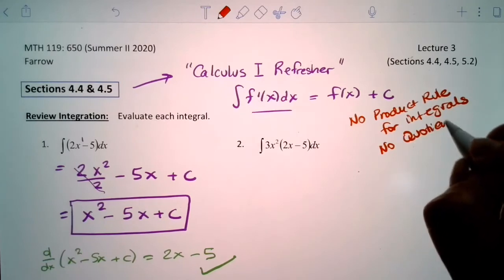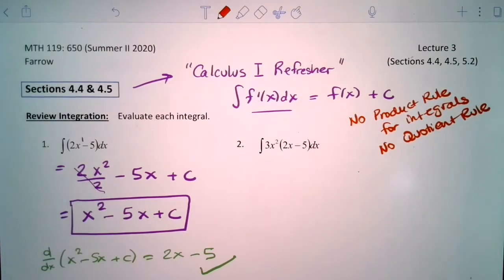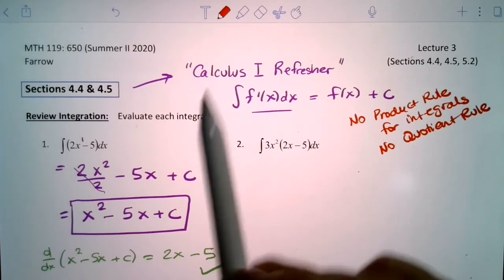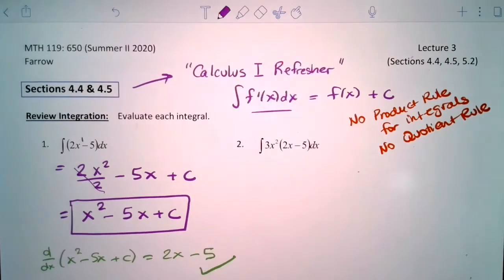Again, I need to scream this as much as possible because integrals don't have those two things. Now with number 2, I do have strategies to handle it, and we're going to go further in this class. There's a lot more strategies that we can learn, but this one is really just an algebraic maneuver.